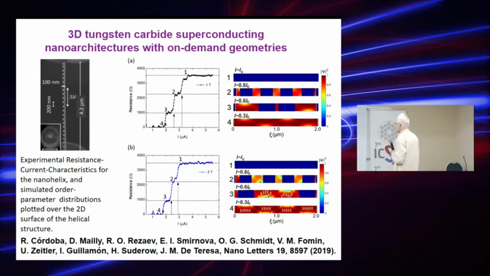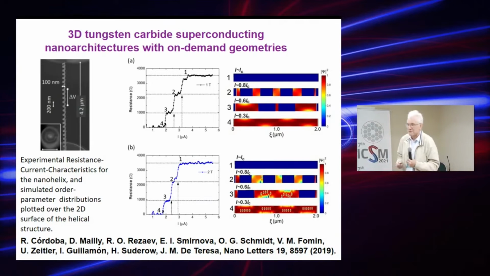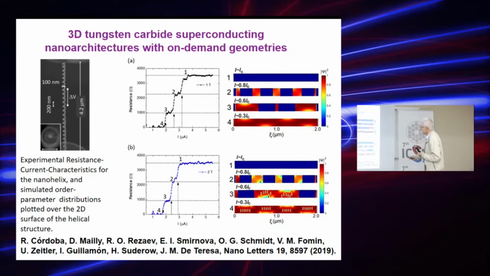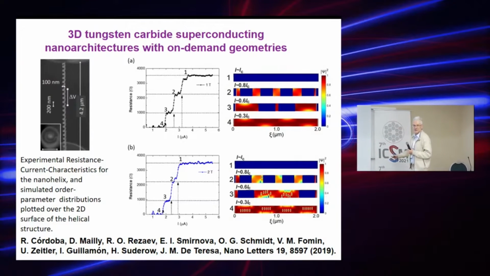And here we have already more contributions to the resistance, and we have regime number 2. And at the critical current, the whole nanohelix is filled with phase slips, but this is nothing else but the normal state. We have the end of the resistive transition to the normal state.